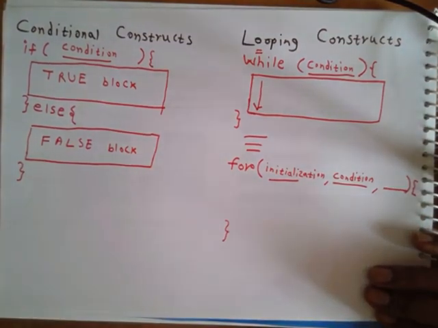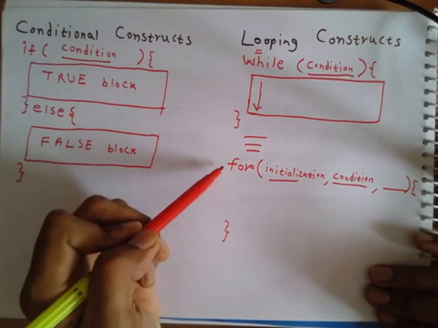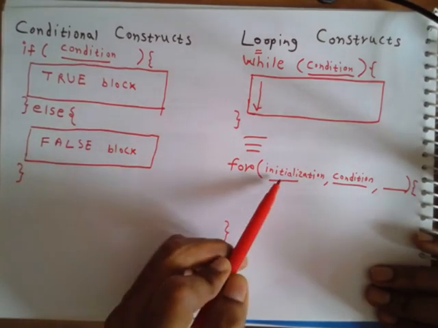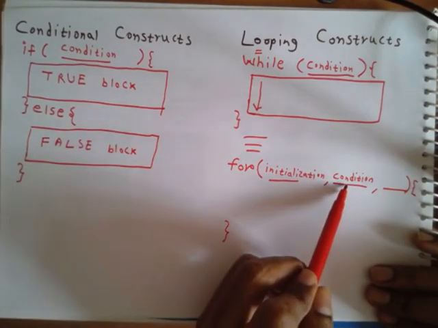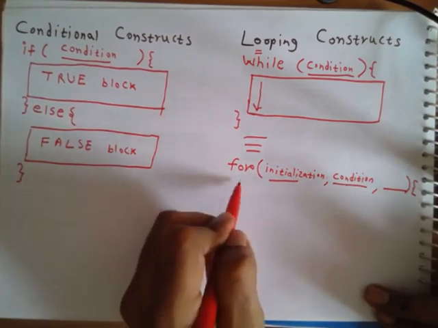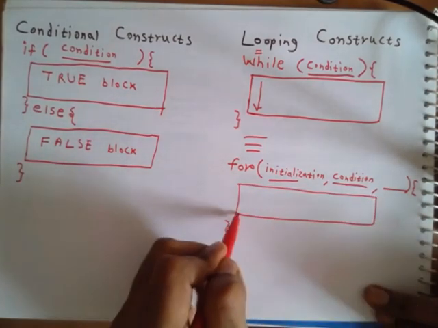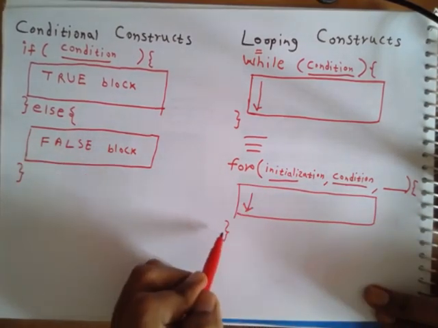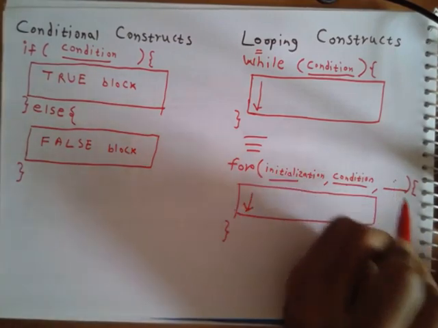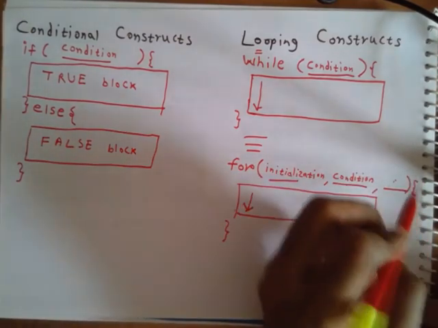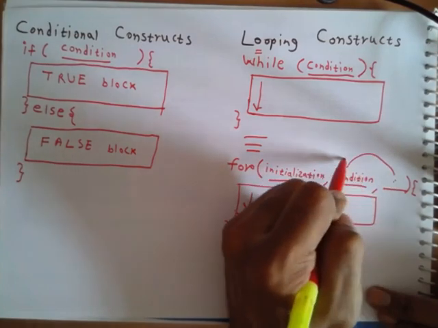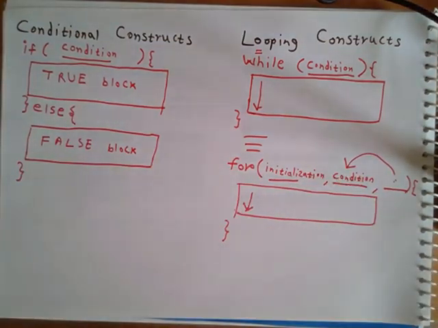So the way the for loop is going to work is that when you come to the for loop, you are going to have initialization, you are going to check the condition, you are going to go inside and execute your whole block right up to the end, and then come back to your bookkeeping operation, and then go back and again evaluate the condition. Okay, so that's the way our second looping construct for is going to work.